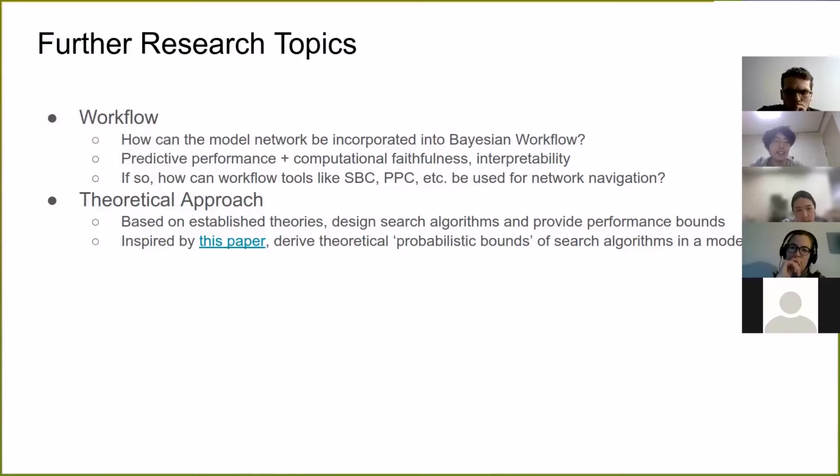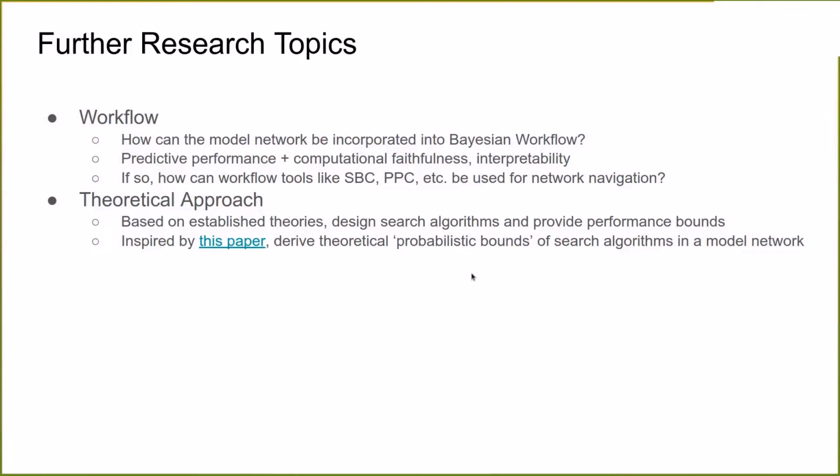The novelty was that it provides a theoretical bound of the metric, so how accurate that importance metric is. And if we can try a similar thing and derive a probabilistic bound for our algorithm that works in our model network, that would be a great way to investigate in more detail how our algorithms behave.